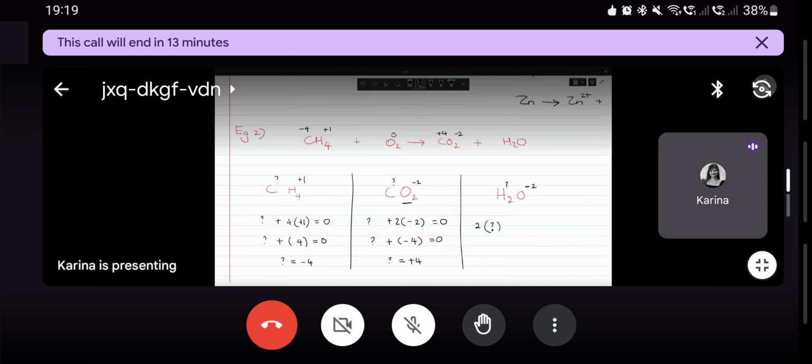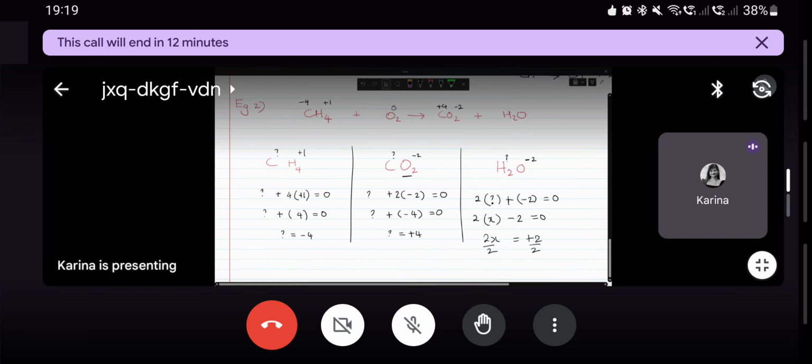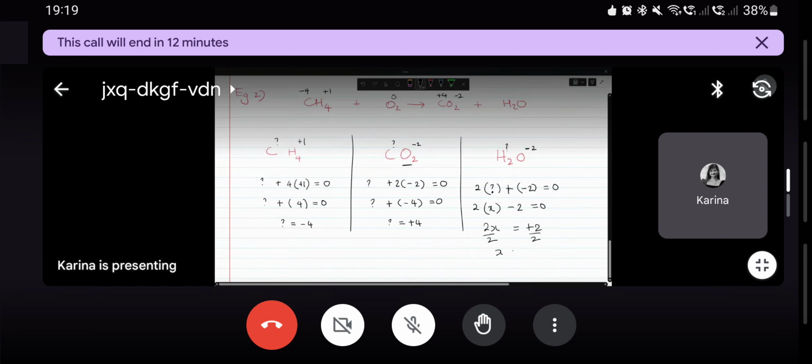So we're going to have 2 of those question marks plus a negative 2 equal to 0. Now remember that this question mark is nothing more than just an unknown, so I can even call it an x. So we're dealing with just a very simple equation. If we solve this equation, we'll have 2x is equal to positive 2. And if we divide, we'll get that x is equal to plus 1.